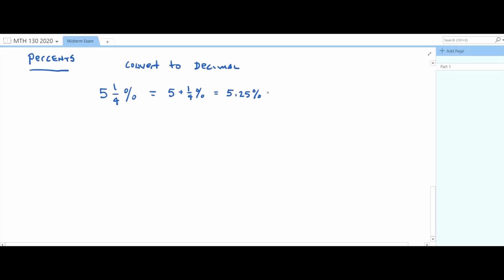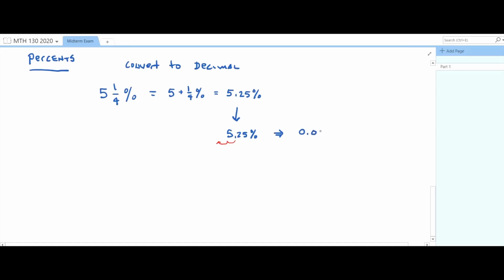That's converting this into a percentage. Now I've got to convert this percentage into a decimal. And I do that by, 5.25%, if I'm going to convert it into a decimal, multiplying it by 100 or moving this decimal place twice. So this will then be the same as 0.0525.